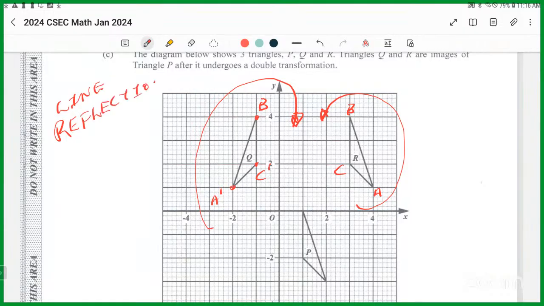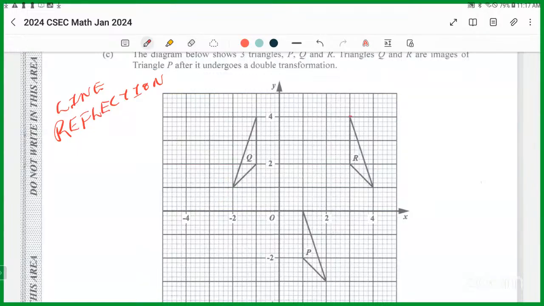Reflection in a line is the only transformation that reverses orientation. And to describe a reflection, we need to state what the mirror line is. You cannot just say it's a reflection. You have to say what the mirror line is. And the mirror line is going to be halfway between the image and the object.